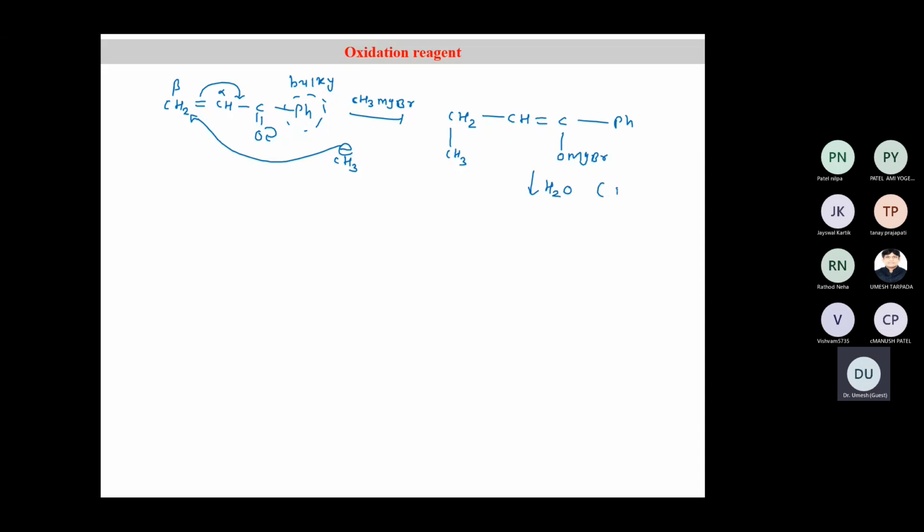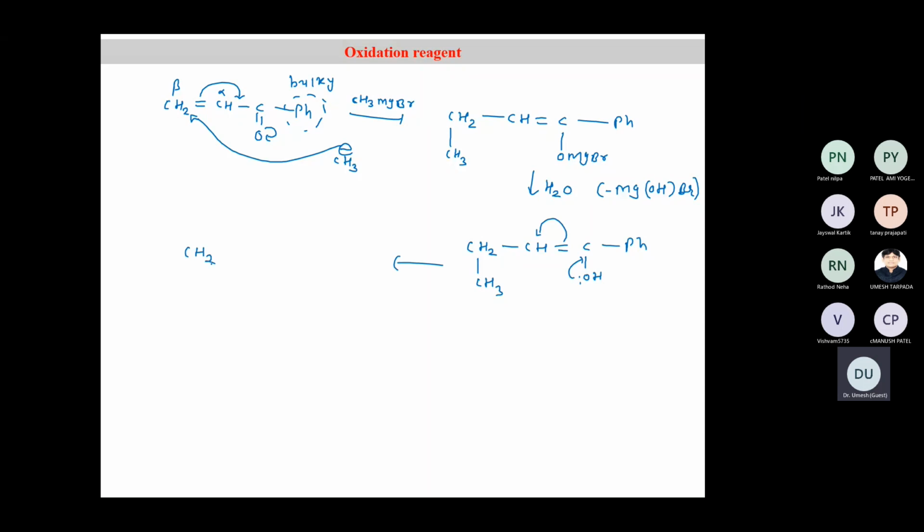The byproduct is MgOHBr, and the main product is CH3CH2CH=C-OH on hydrolysis.